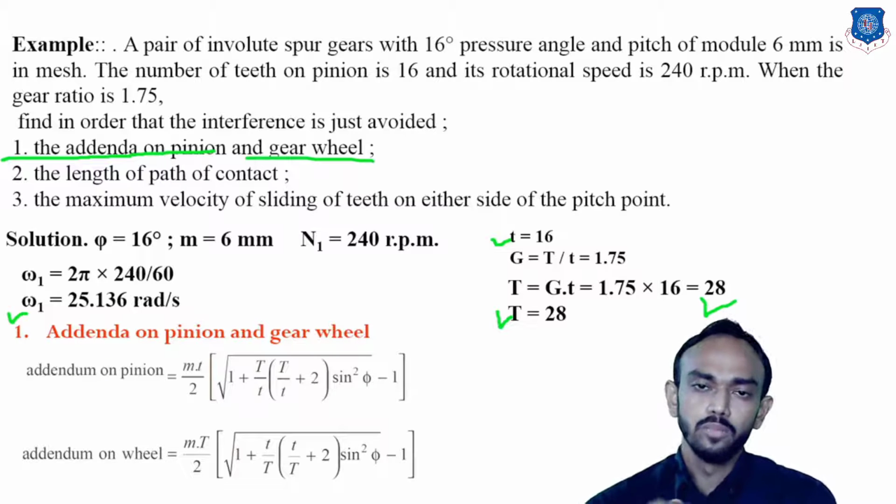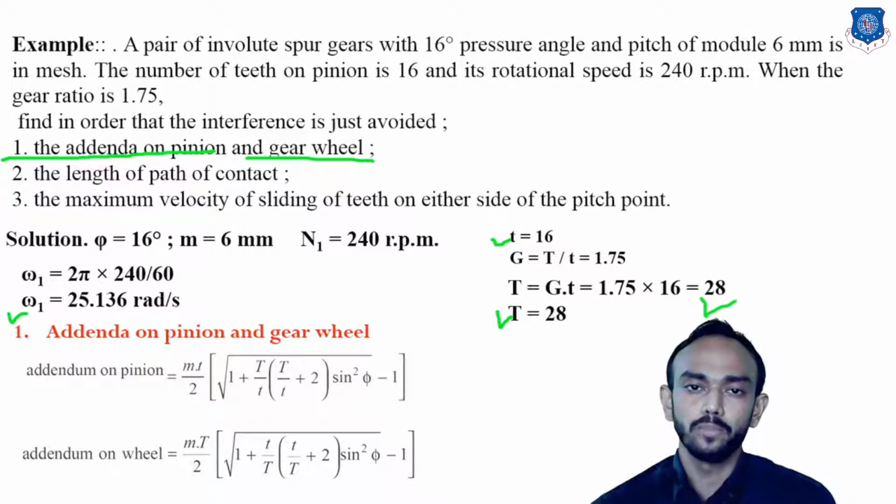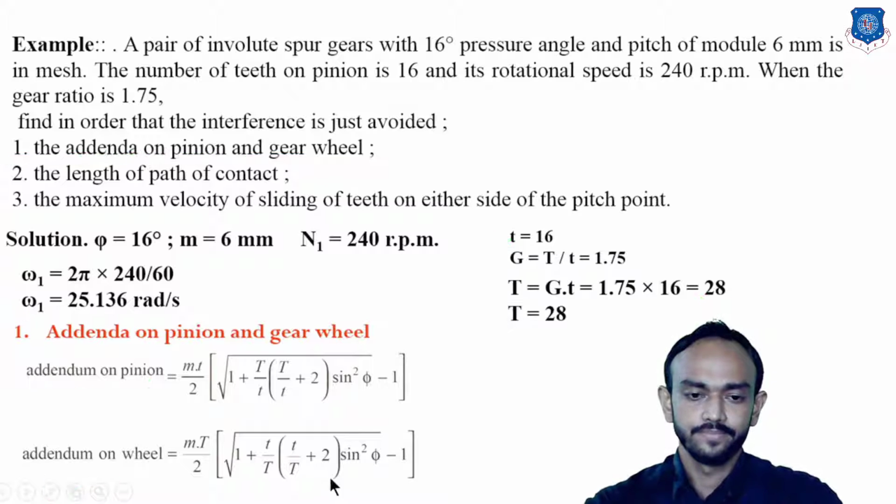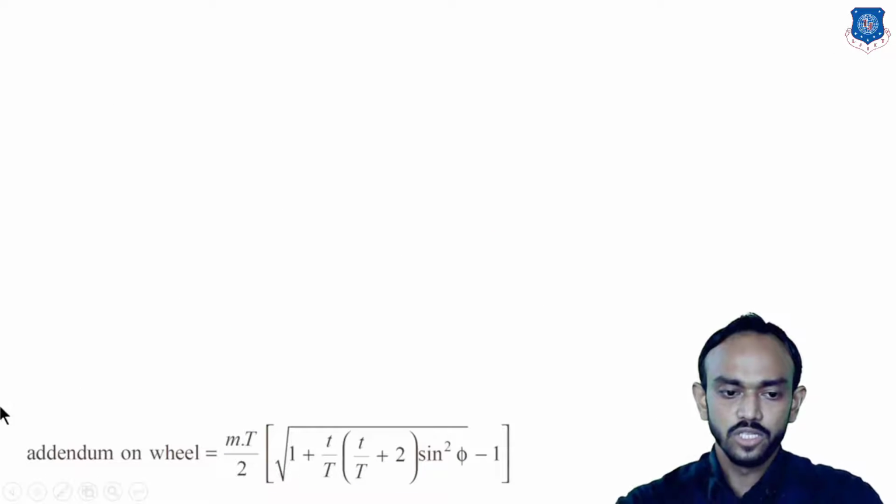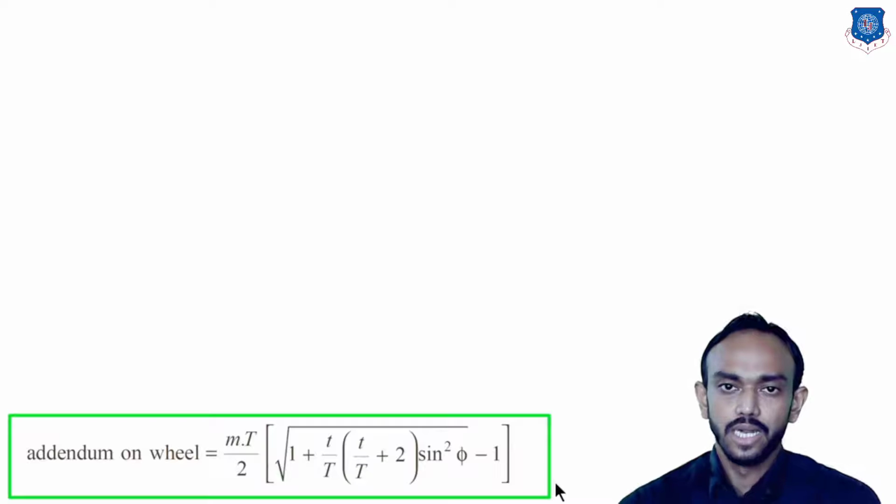You must know the minimum number of teeth to avoid interference, what the addendum is, and what the fraction is. I will use these two formulas in the example. They were already discussed in theory, but I will revise them again.